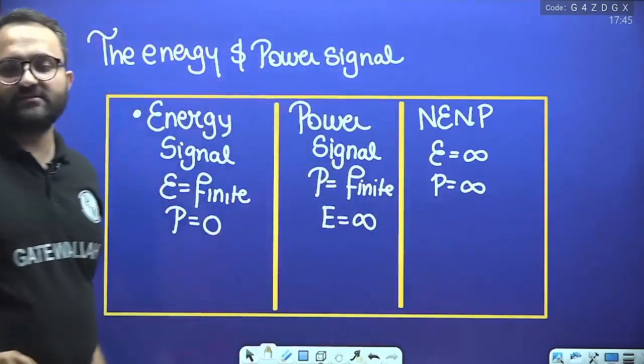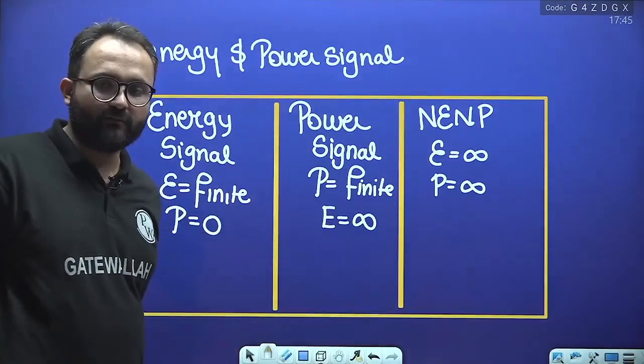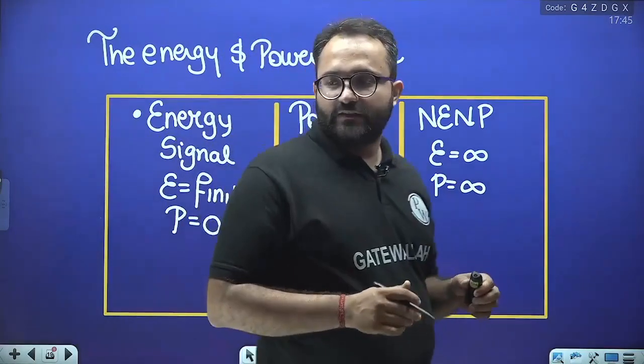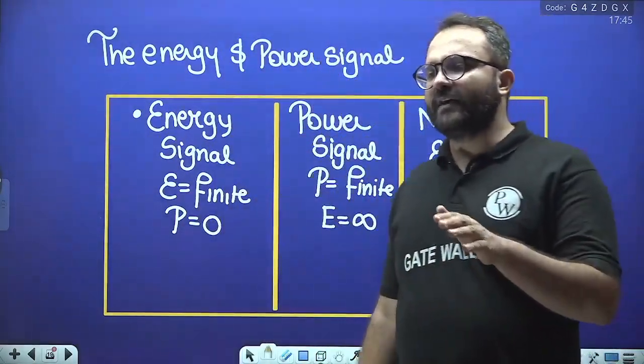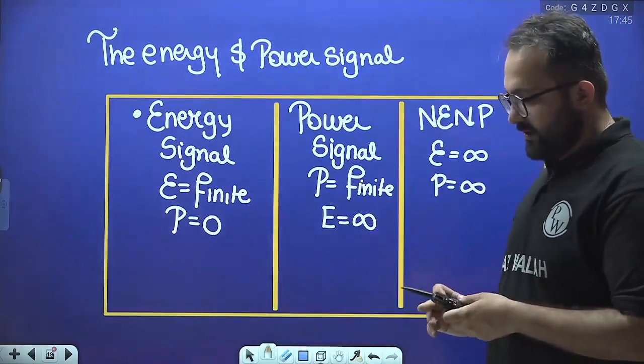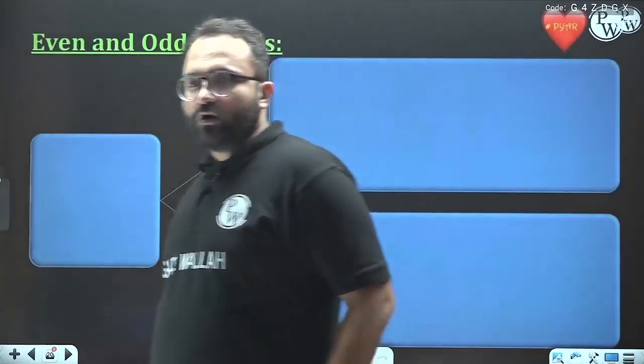Just remember these values. They can ask you in MSQ or match the following type of problems directly. Otherwise, for us it is now very easy to identify whether it is a power signal, energy signal, or none of these. Great.